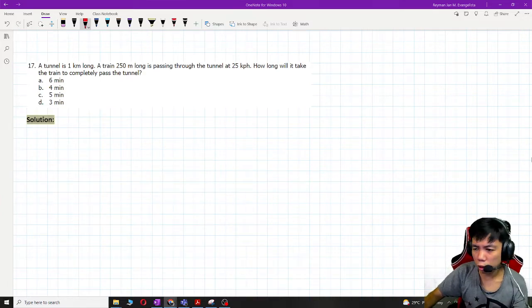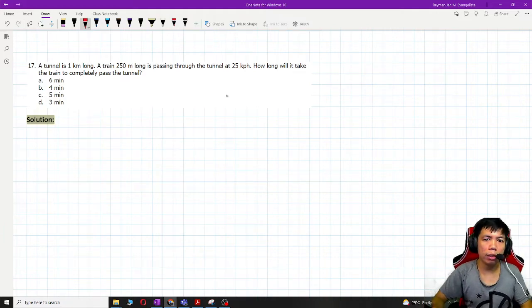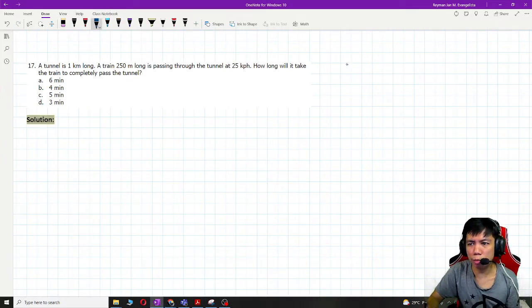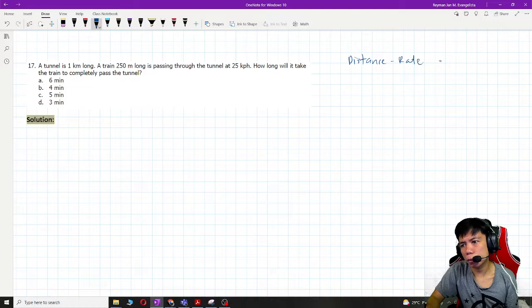Pag yung body or particle is moving at constant speed, ang gagamitin mo lang dyan na formula for distance rate problem: distance, rate, time. Paikot-ikot lang ang formula dito eh.